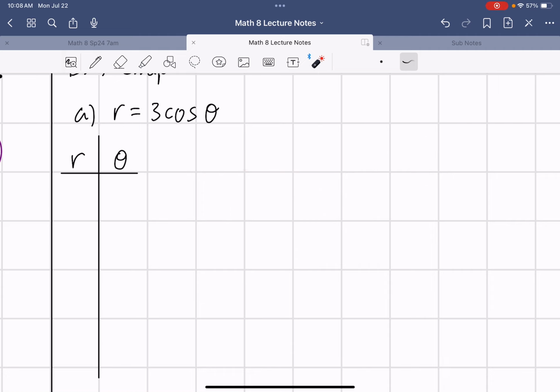So I'm going to take a similar approach here, to try to recognize some patterns, or find what detail in the equation is telling me what that graph should look like.